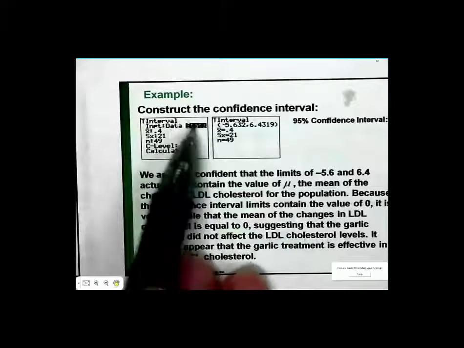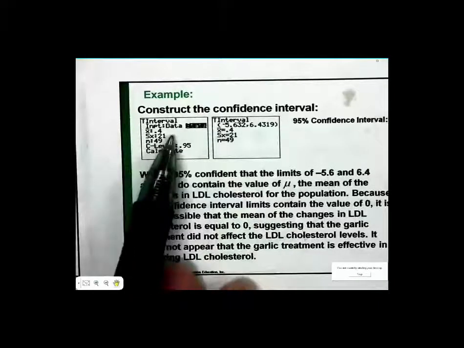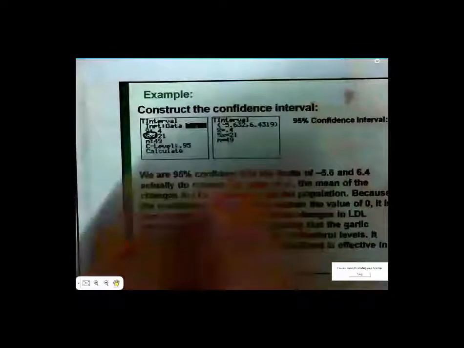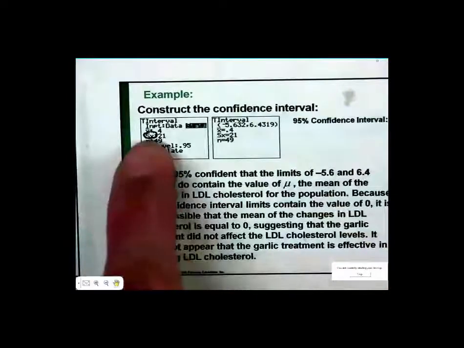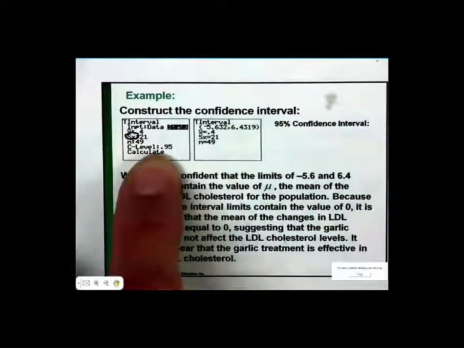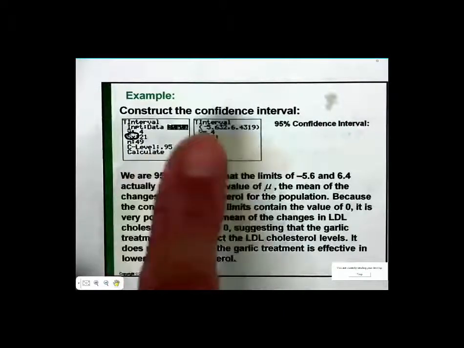Sample mean is 0.4. Notice the symbol Sx is used there for the sample standard deviation. Sample standard deviation is 21. Sample size is 49, and the confidence level is 95. I am 95% confident that the true population mean lies between what and what?